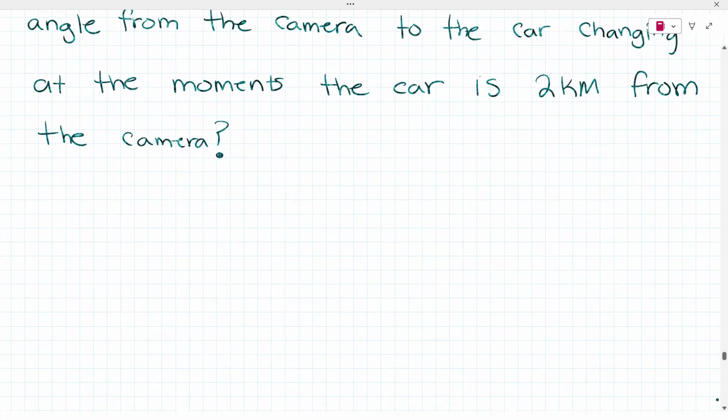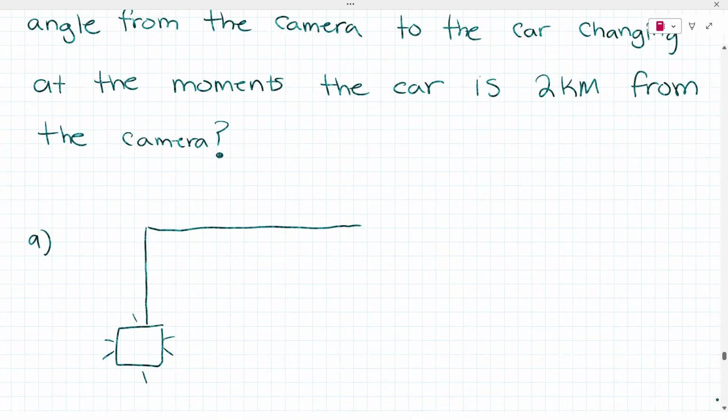So if you kind of draw an image, you have this little stoplight, and pretend it's hanging down, and then here's your car, and then here's the radius.